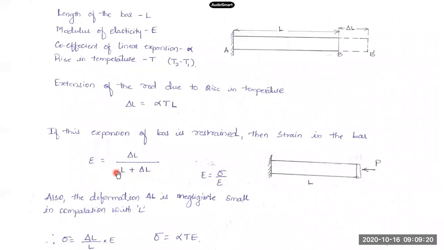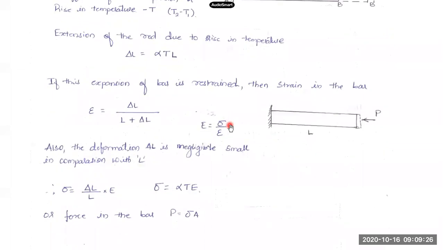Now what I want to know is the stress in this bar. Stress I can obtain by considering Hooke's law, which is the ratio of stress to strain. So it will be simply strain multiplied by the modulus of elasticity E. Strain delta L by L into E, and my delta L is nothing but alpha T into L. Free expansion delta L was alpha T into L, right?